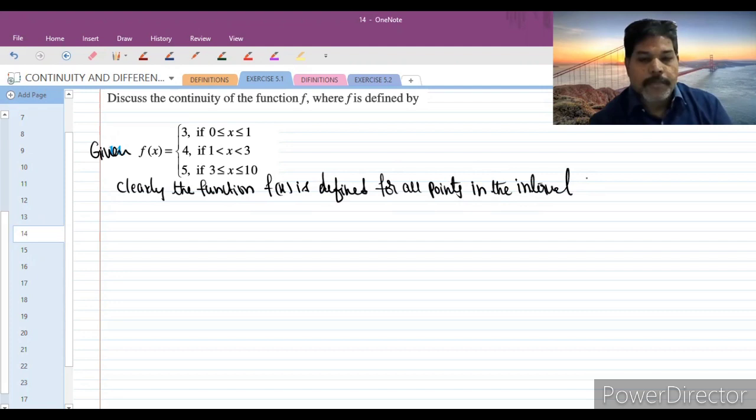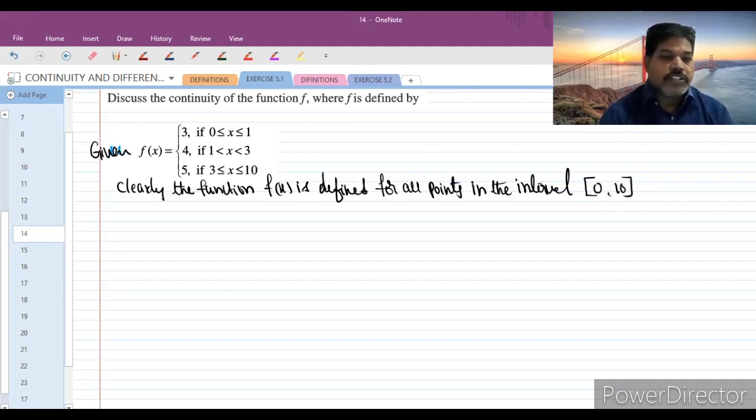What is the interval they have given? Closed interval 0 to 10. In the closed interval 0 to 10, the function is defined.